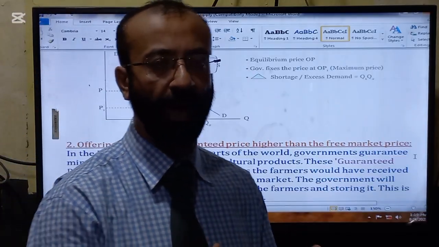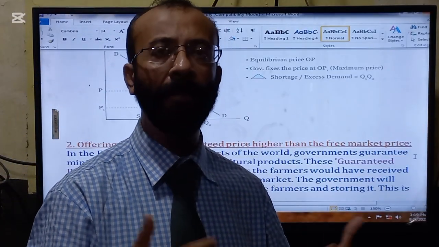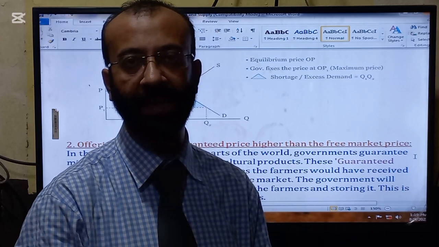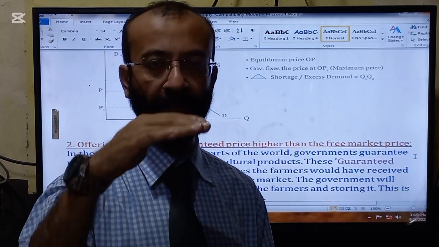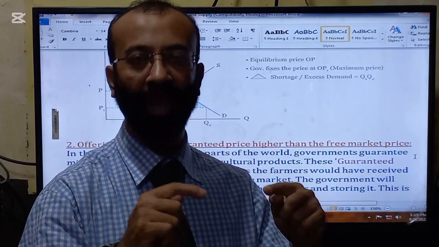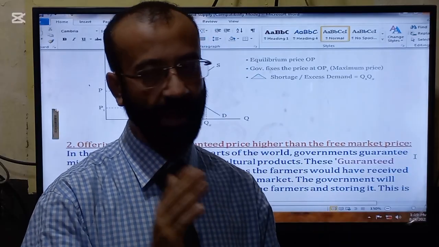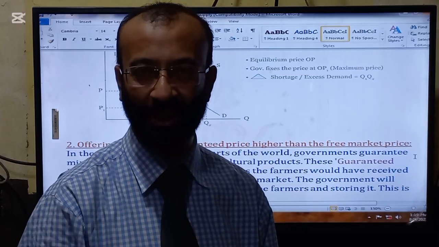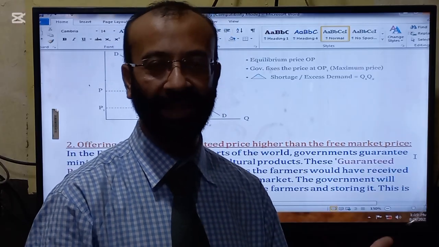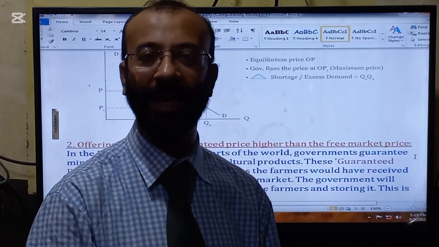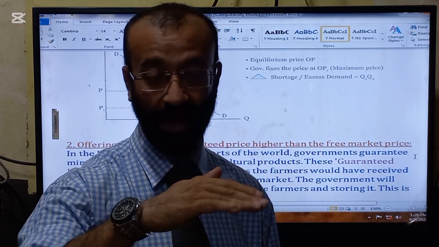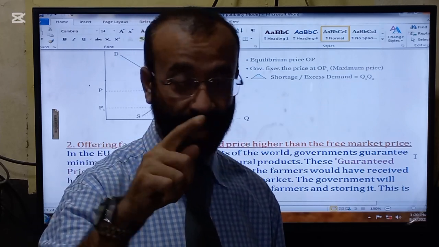So definitely when the farmers get a bumper crop, there will be excess supply in the market, and because of the excess supply, there will be downward pressure on the equilibrium price to restore at a lower new equilibrium price, and due to that the farmers will get a loss and they will be discouraged to grow that commodity again in the next season.